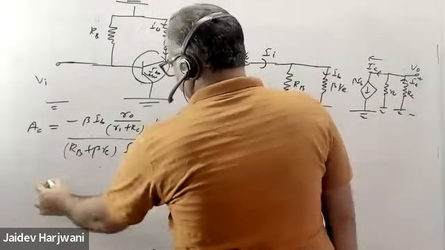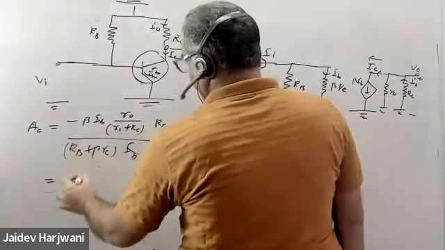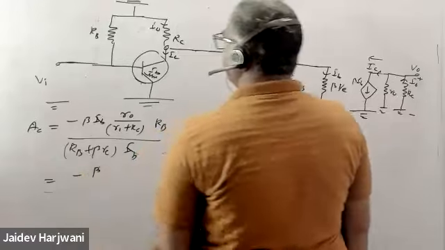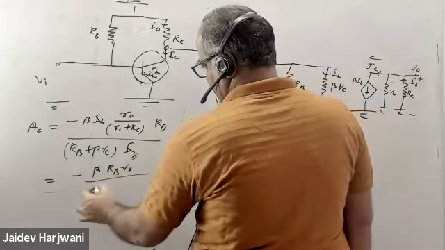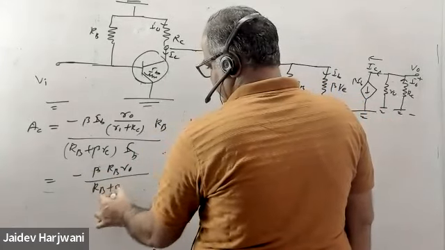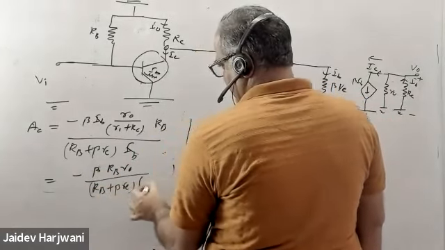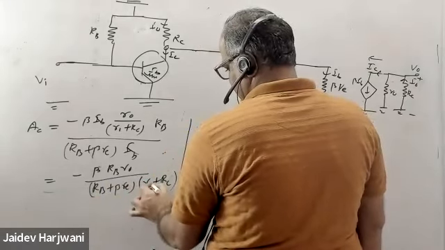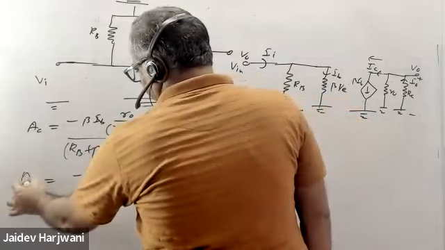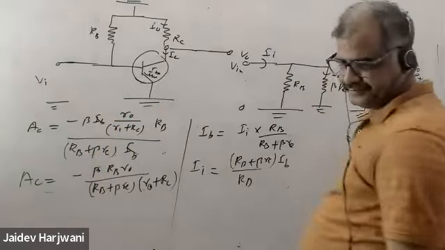Okay, so if you solve this one, IB cancels, you get minus beta RB R naught upon RB plus beta RE and R naught plus RC. Okay, so this is your expression for current gain.